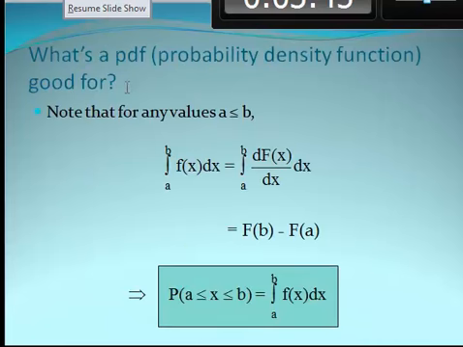So what is a PDF, or probability density function, good for?